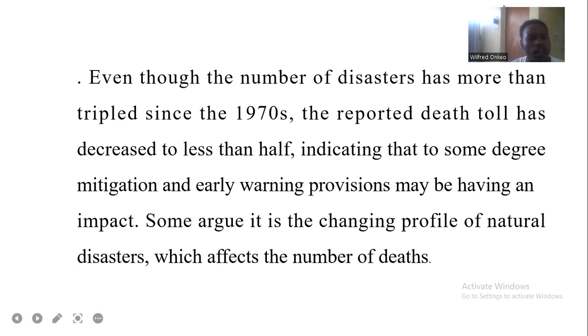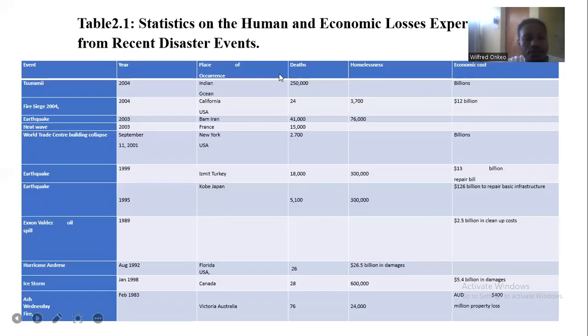Even earlier on, we were told that El Nino would soon be here in Kenya and would last a long time, so we were preparing ourselves for this El Nino. Some argue it is the changing profile of natural disasters which affects the number of deaths. Those are people who argue like that.